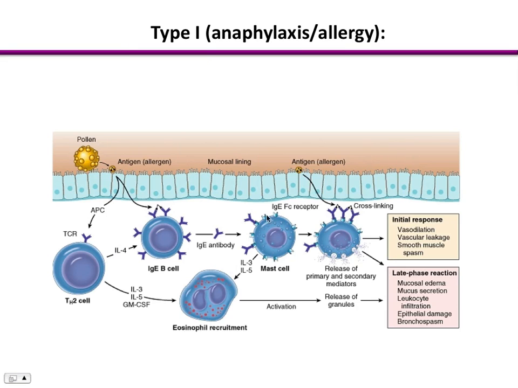So this is basically the same picture, just summarizing what the release of the primary and secondary mediators can lead to. What we know in allergy is swelling and dilating of blood vessels, as well as bronchospasm and so forth.